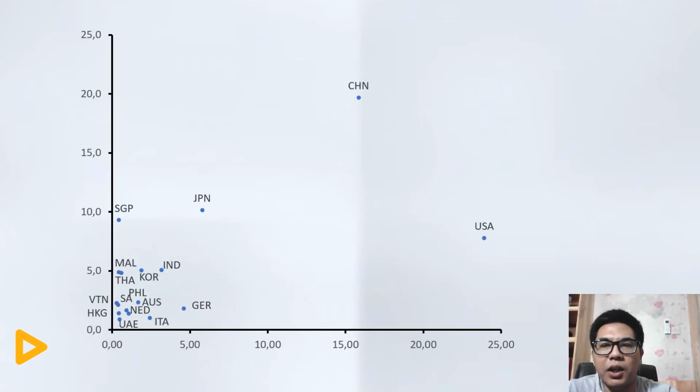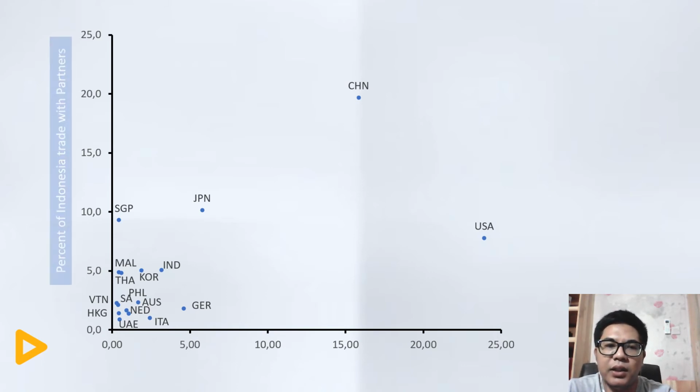To answer the question in the previous slide, I made this scatter plot graph of Indonesia's 17 major trade partners. The vertical axis shows the distribution of Indonesian trade partners.